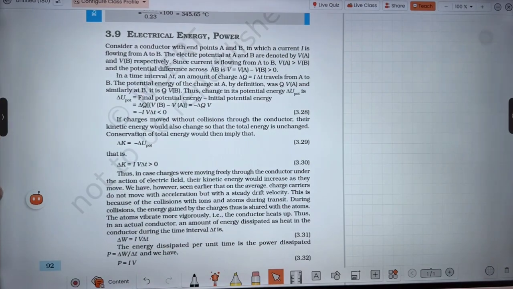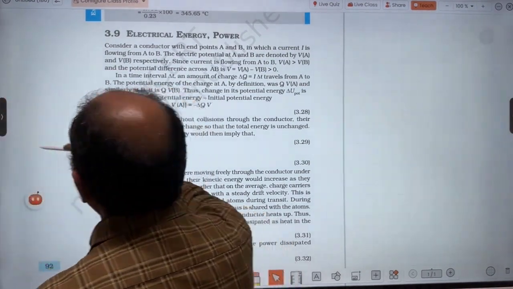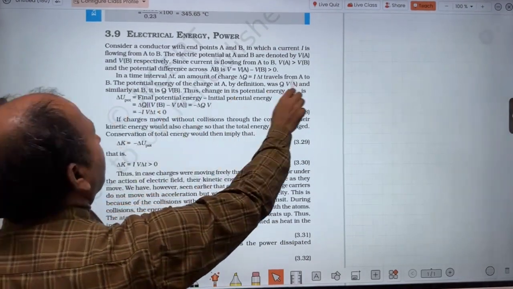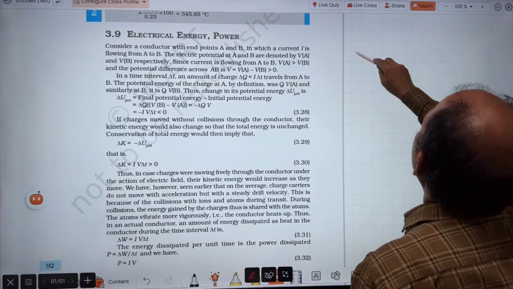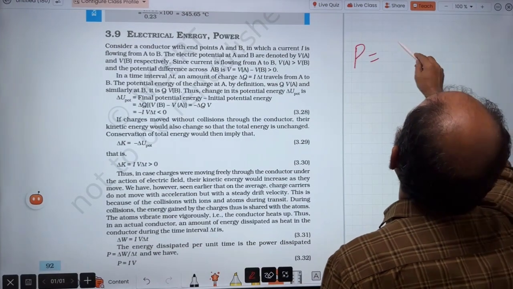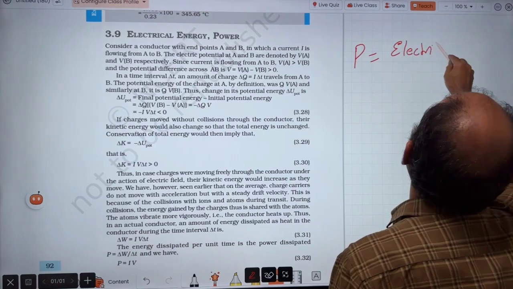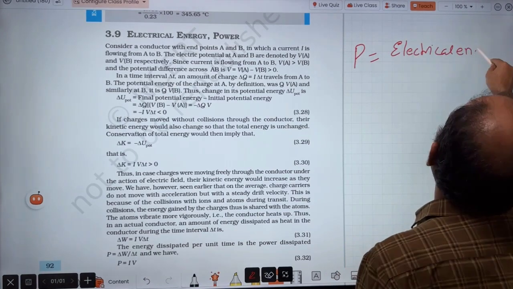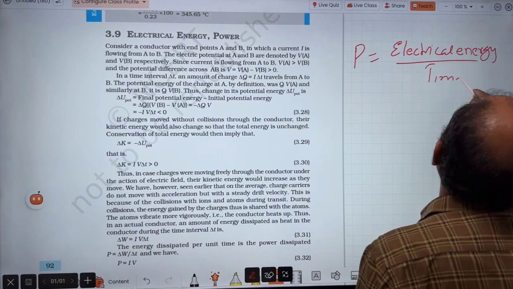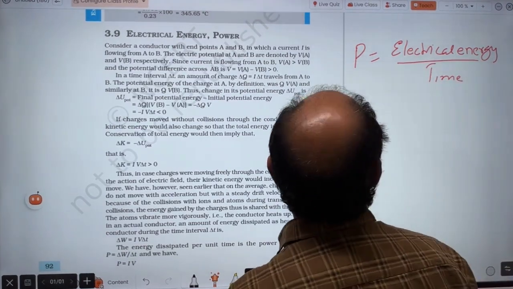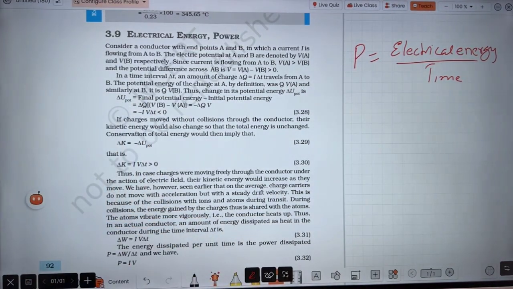Electrical energy and power. So power, you know very well, P equals electrical energy divided by time, and energy can be found from work done.